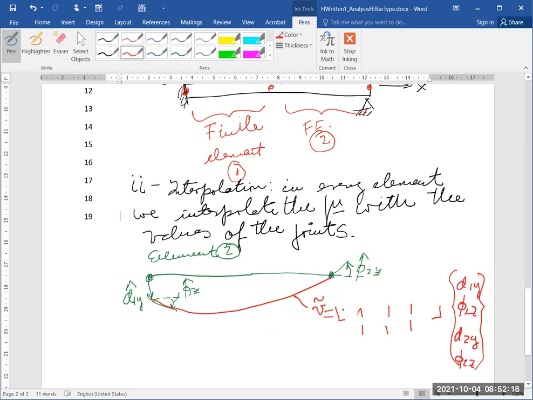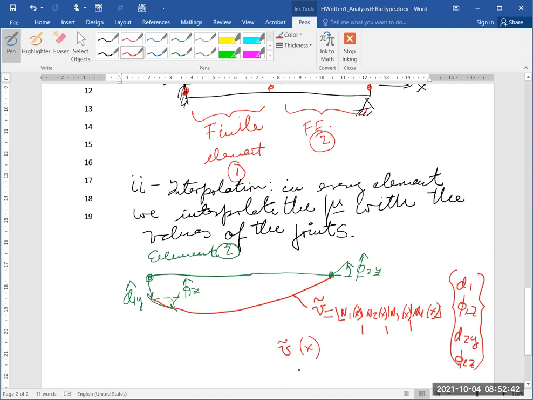And here I'm going to have N1, which depends on X, N2, N3, and N4. So you multiply this vector times this row, and the result is going to be V of X.